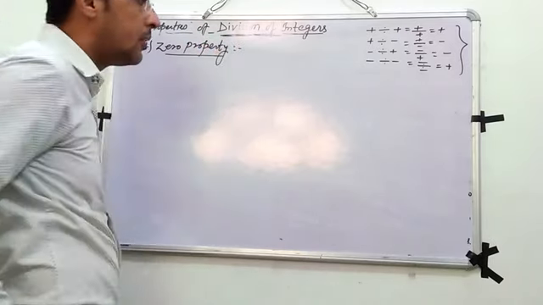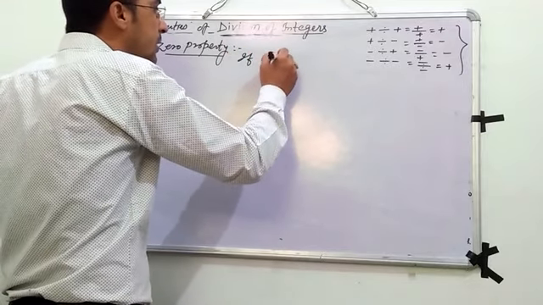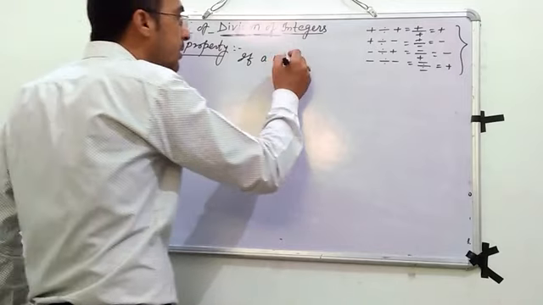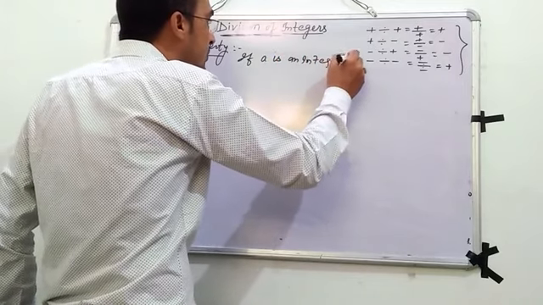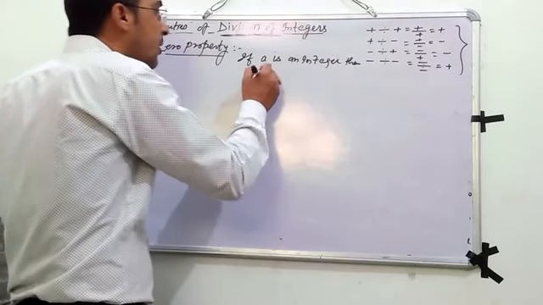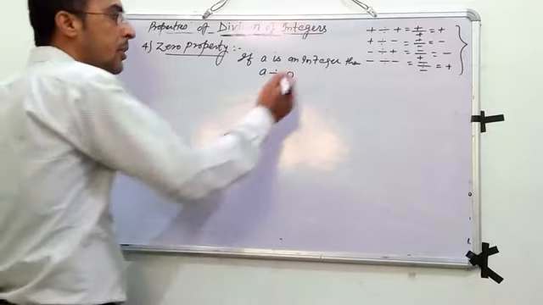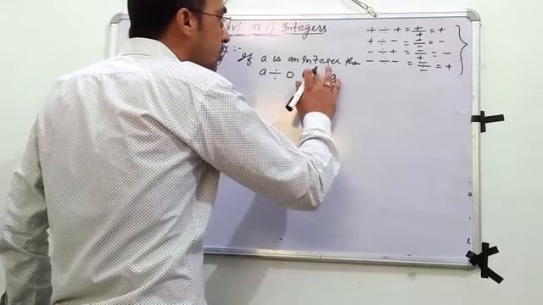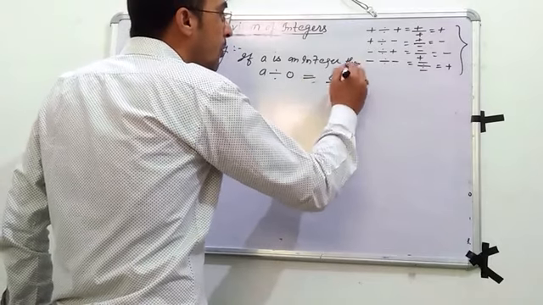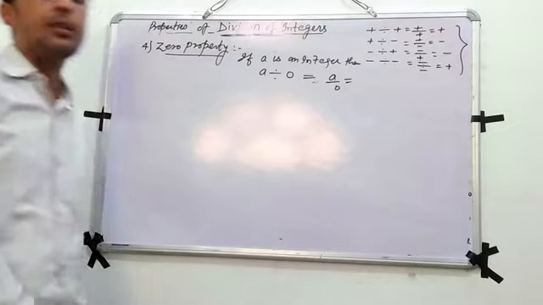If A is any number or an integer, then A divided by 0, remember this thing, what will be the result?